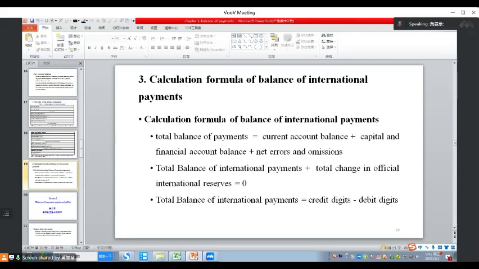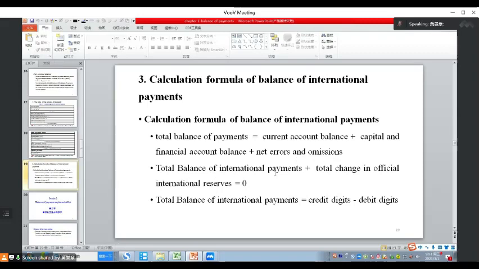And we have learned the calculation formula of balance of international payments. We should remember: total balance of payments equals current account balance plus capital and financial account balance plus net errors and omissions.